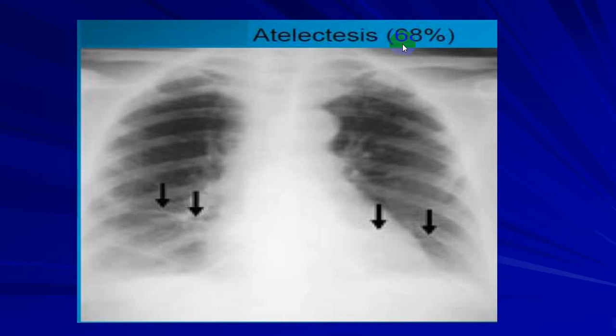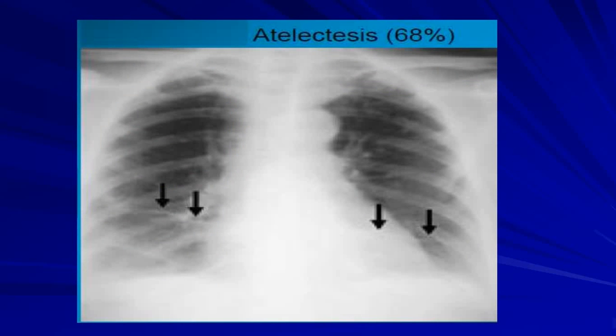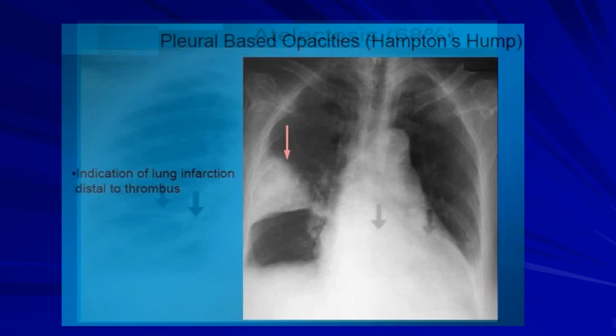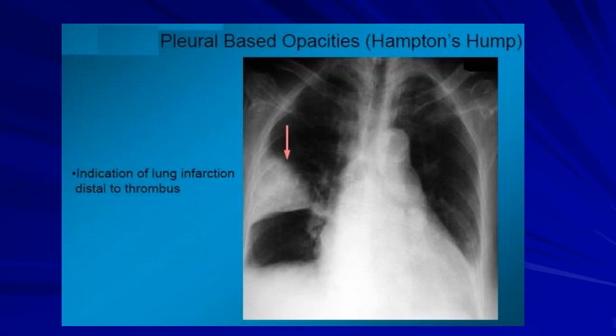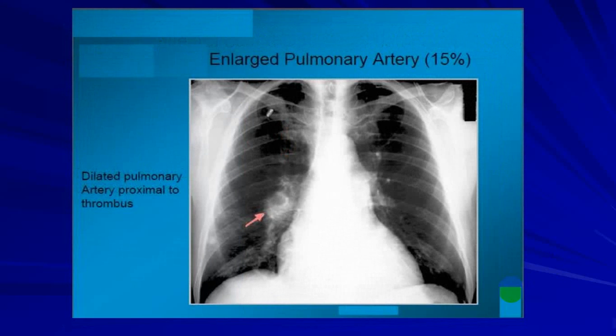Westermark sign means you will see pulmonary vessels and then suddenly widespread oligemia because of occlusion. It will be seen in 5% of the people. Atelectasis is almost in 68% of the people. Hampton's hump you can see in a good number of people. You will have a dilated pulmonary artery in 15%.